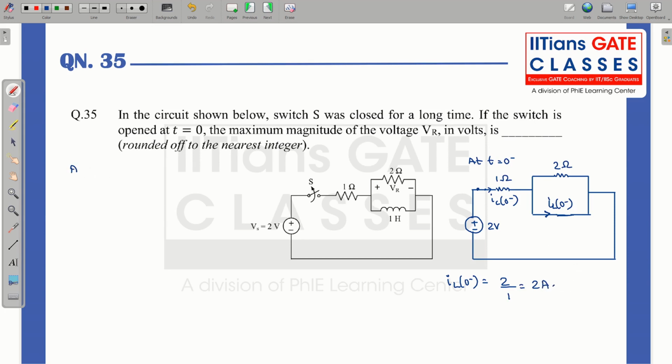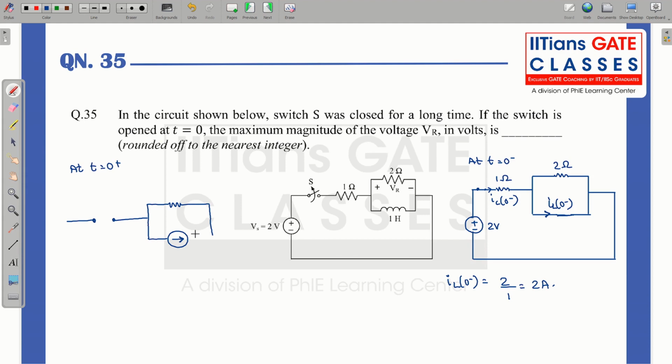So now at t equal to 0 plus, when this switch is open, my circuit will become like this. Remember this, that there is no instantaneous change in current in your inductor.